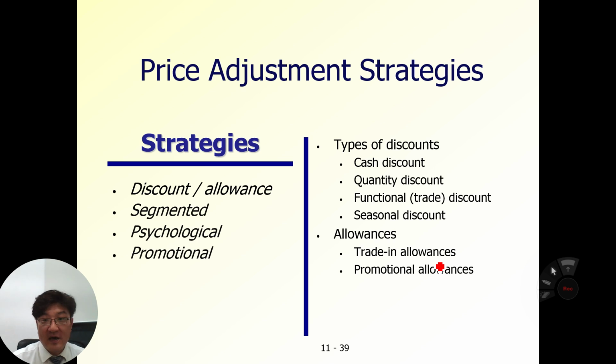That is the allowance. So this is more of a lump sum kind. When we say allowance, that means a lump sum of money. When you say discount, that is product by product, cutting the price for a unit of the product. That is the difference.